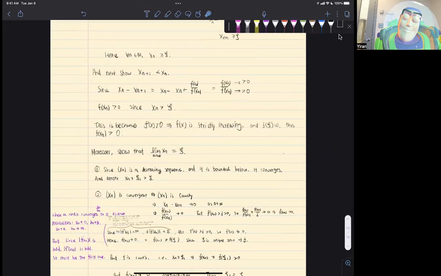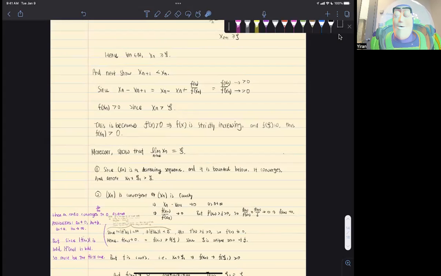And to show the limit of this, I think it's another tricky thing, and it took me some time. So we want to show the limit of xn converges to c, and I think first of all, we have the observation that xn is a decreasing sequence, and it is bounded below by c.